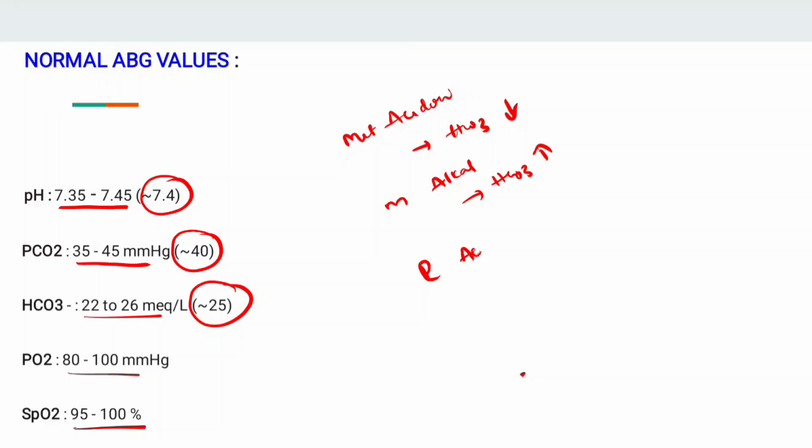Respiratory acidosis if PCO2 is increased. Respiratory alkalosis if PCO2 is decreased. This is the basic concept here.